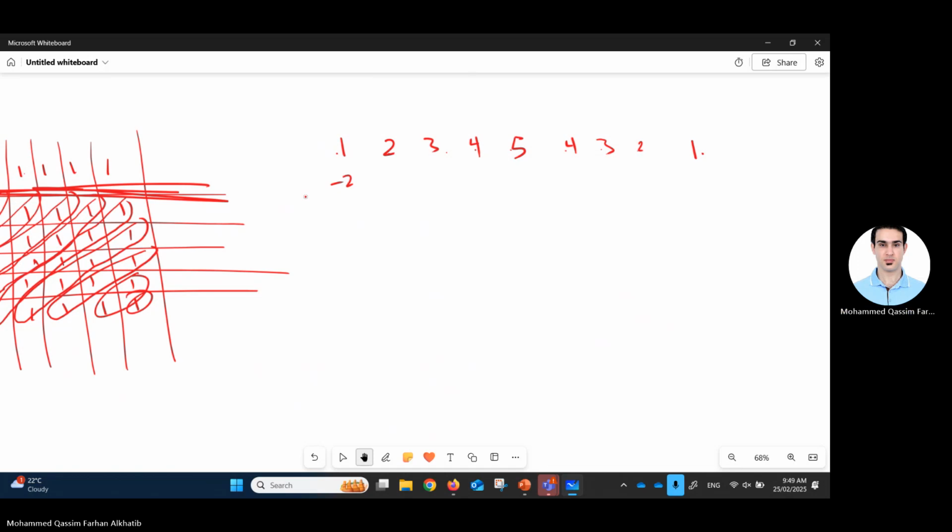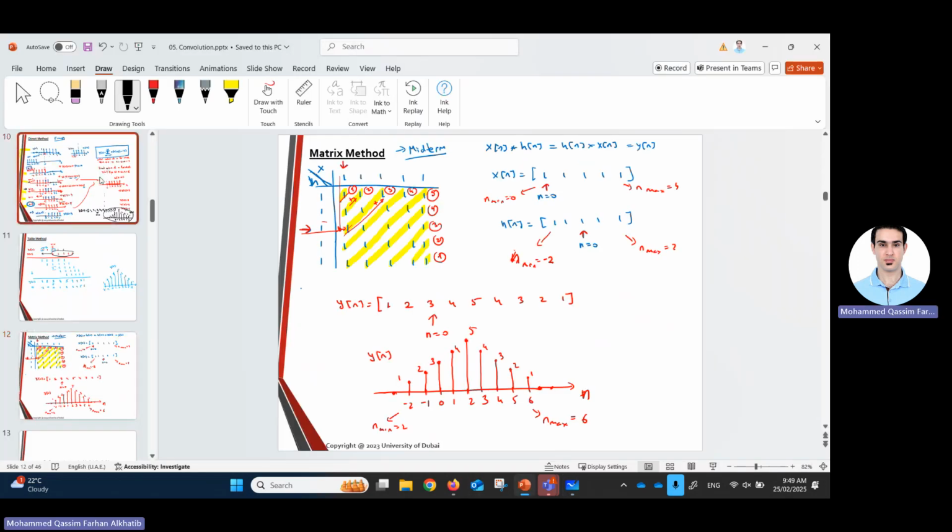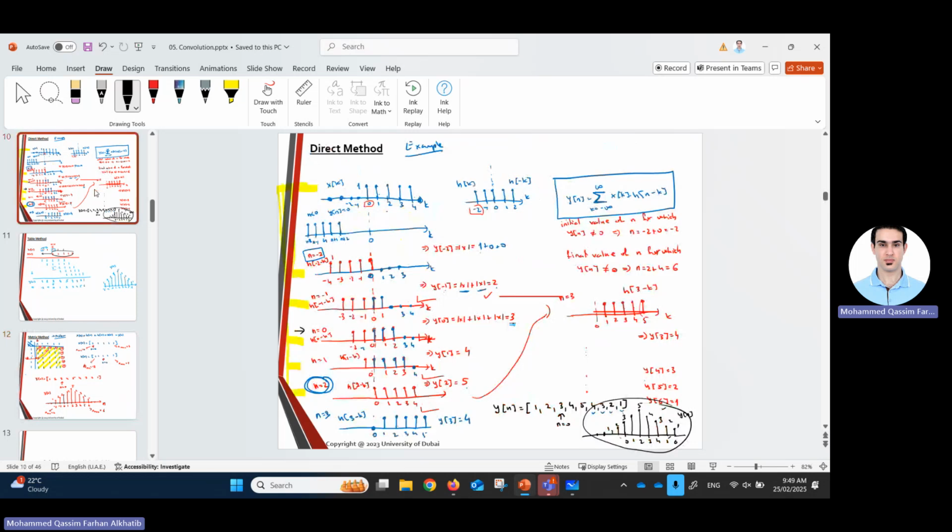Clear? So again, it's just a matter of preference. You want to do the matrix method, you want to do the tabular method. I do not recommend using the standard method. It's time consuming when you have a large number of samples, like in this one here. Like in the slides, they have done it 9 times because I have 9 output samples.